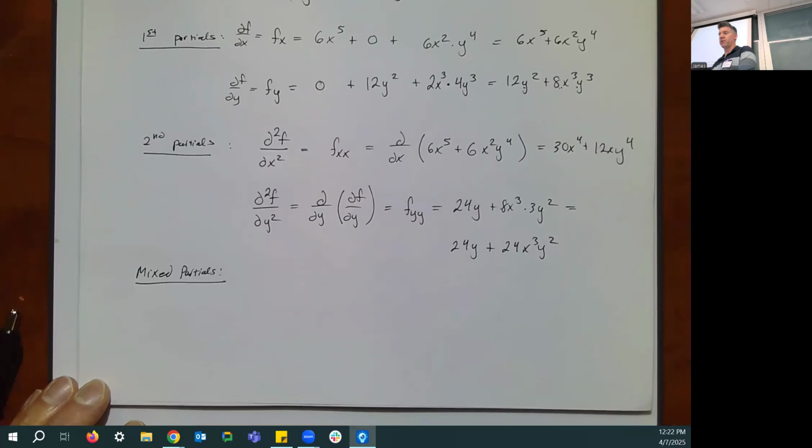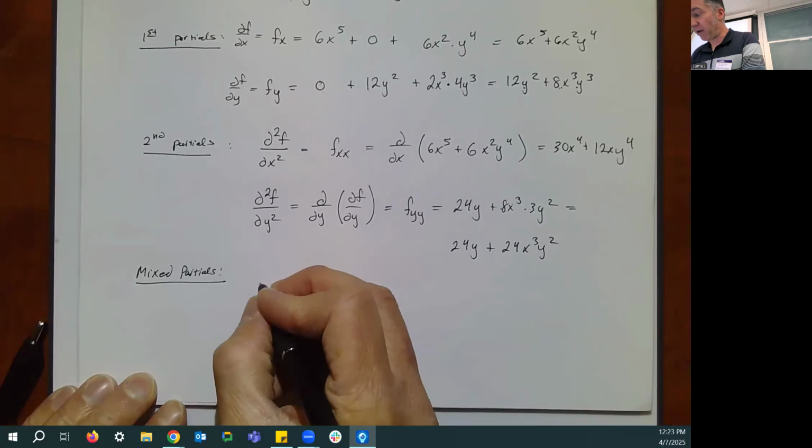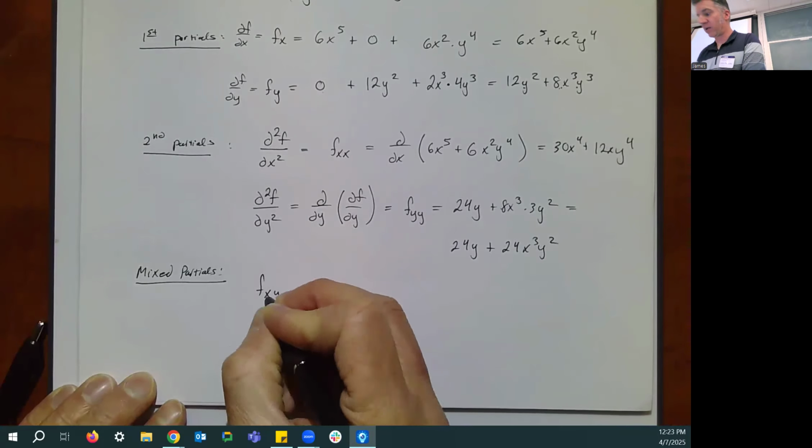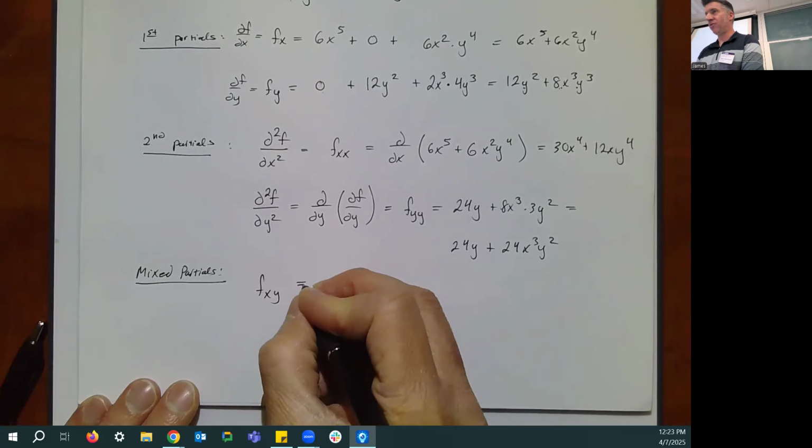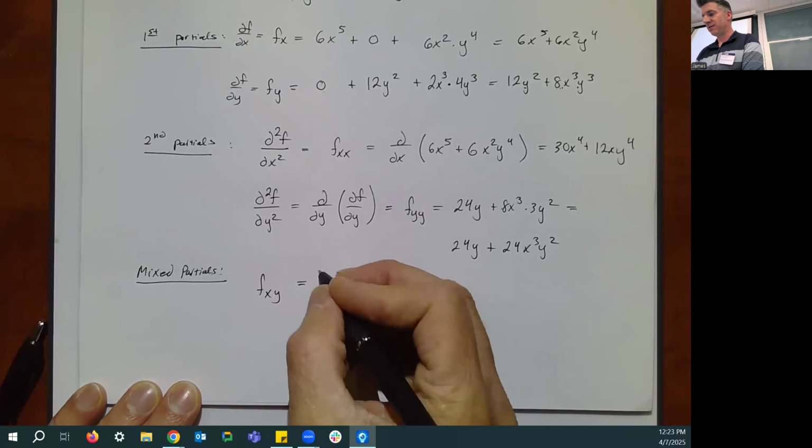So for the mixed partials, they're not any harder to find. The notation is kind of annoying. Here's what I mean. You can have fxy, which means you take the derivative with respect to x first and then y second, which if you wrote it using the del notation would look like this.